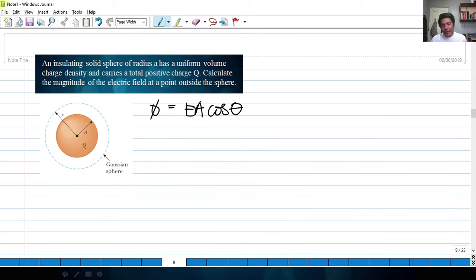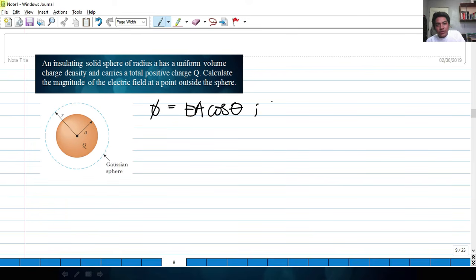And with a sphere, we can use Gauss's law because the electric field vector produced by the single charge inside the sphere is always parallel to the normal vector at any point on the surface of the sphere. So we satisfy one condition for us to use Gauss's law.